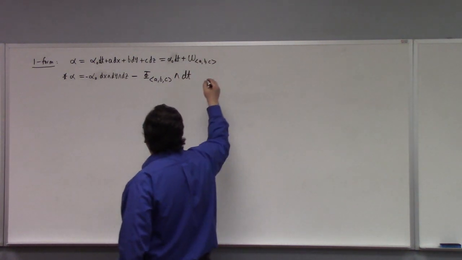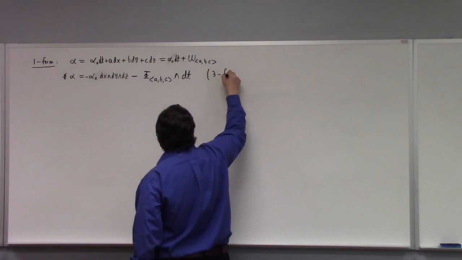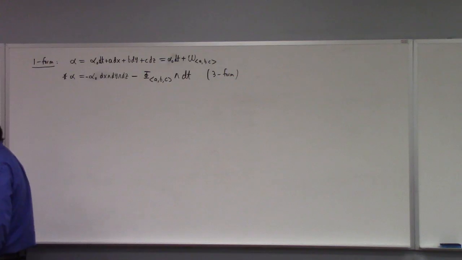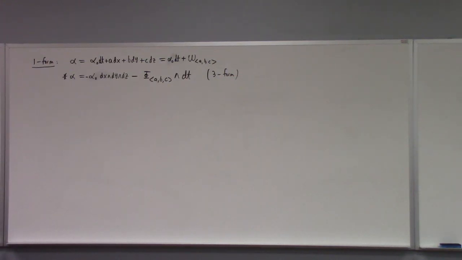And that's a 3 form, right? And that makes sense because the Hodge dual of a 1 form should be a 3 form because we're working in 4 dimensions, 4 minus 1 is 3, right?